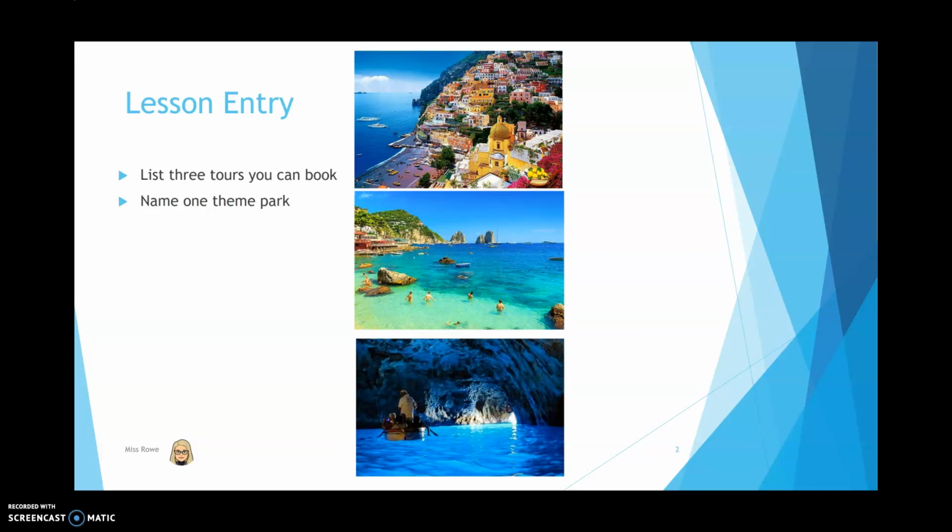The second one is Capri. You can go to an island called Capri, then go all the way to the top on a little swing ride thing. And the third one is the Blue Lagoon. You can go to a beautiful lagoon and go swimming in there as well.